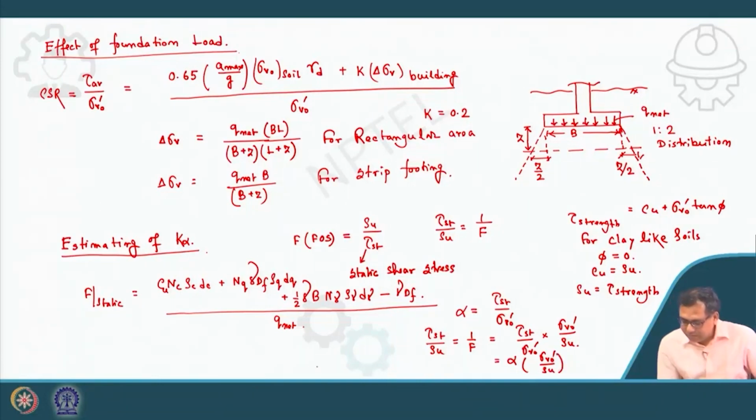So I can write that alpha will be equal to 1 by F into SU divided by sigma V0 dash.